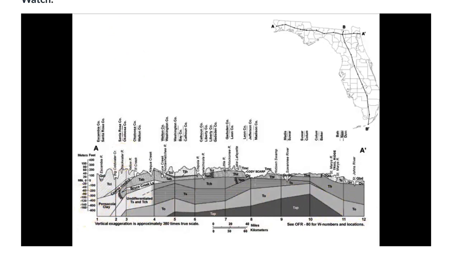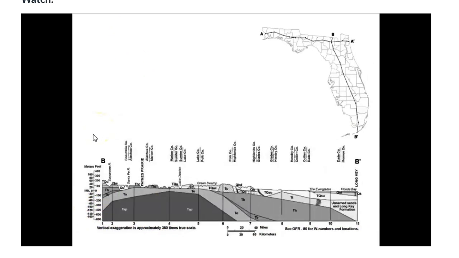This was also done for a transect that extended from the northern to the southern part of Florida, from B to B prime. And this transect, this geologic cross-section, was developed utilizing information from 11 soil borings. Again, numbered on the bottom of the cross-section here.